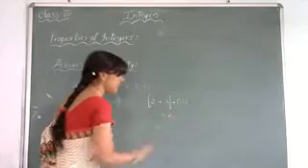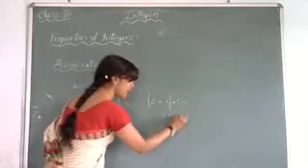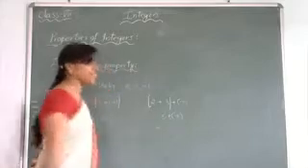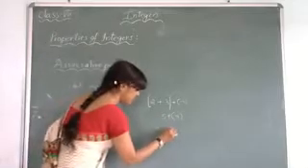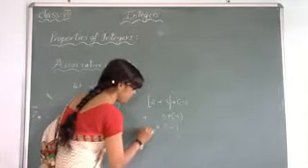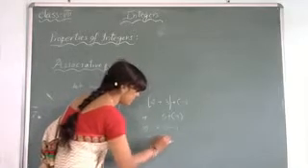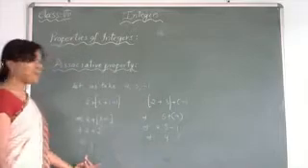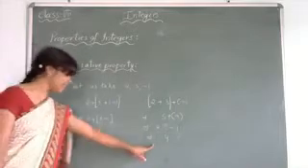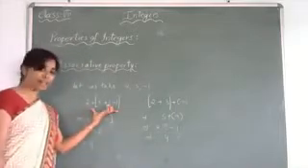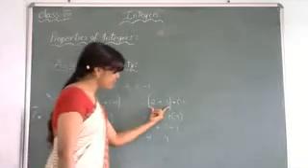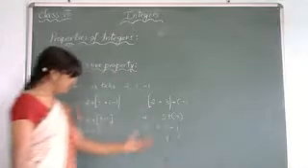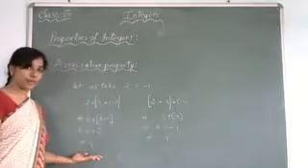Then we add that to the next integer. Plus of minus means minus 1. 5 minus 1, how much? 4. See, in both cases the result is the same. Whether we add the last two integers to the first one, or the first two integers to the last one, we get the same result, 4.